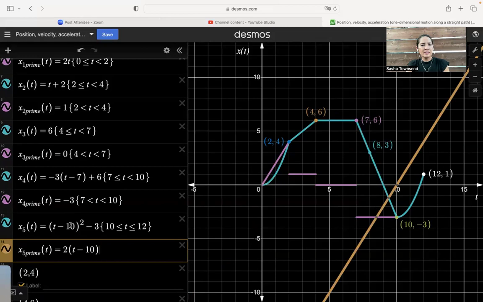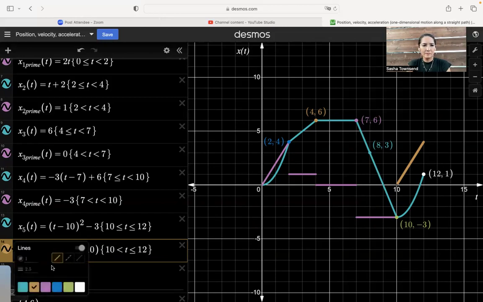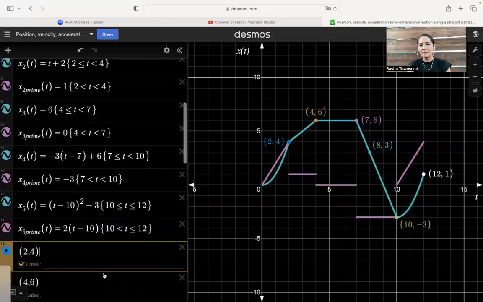So it's 2 times the inside function, which is t minus 10, times the derivative of the inside, which is 1. So if we distribute the 2, we get 2t minus 20. That's just on the interval from 10 to 12. And we have a tendency to include that left endpoint, or excuse me, the right endpoint in this case. So I type less than or equal to. And we get that. And I had made them all purple this time.